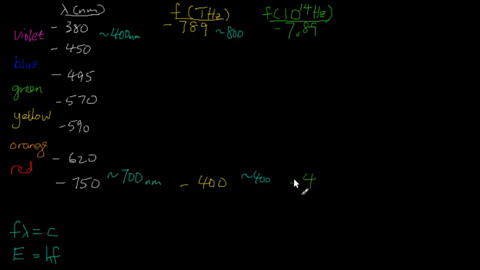That's another way we can remember the frequency. So that would be about 8 times 10 to the power 14 hertz, and this would be about 4 times 10 to the power 14 hertz. If you prefer terahertz units, then it's between 400 and 800. If you find 10 to the power 14 hertz easier, then it's worth remembering that it is between 4 and 8 times 10 to the power 14 hertz for the visible spectrum.